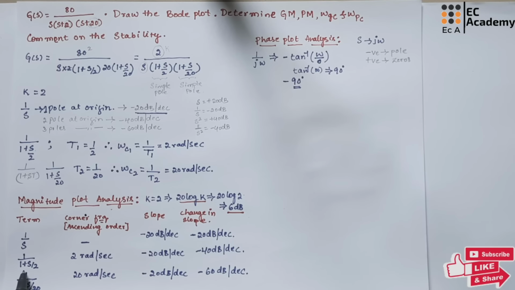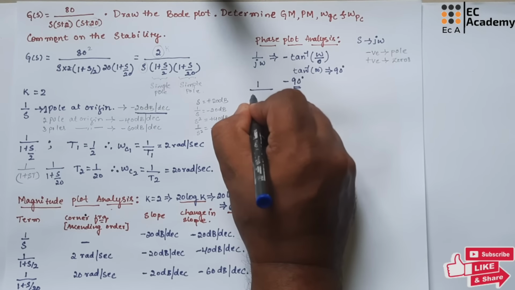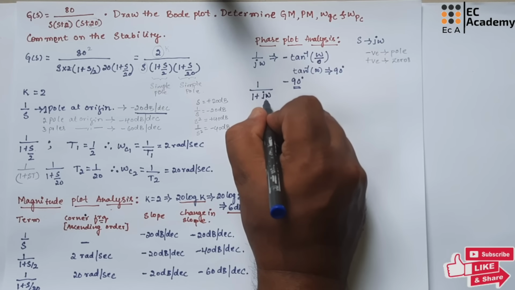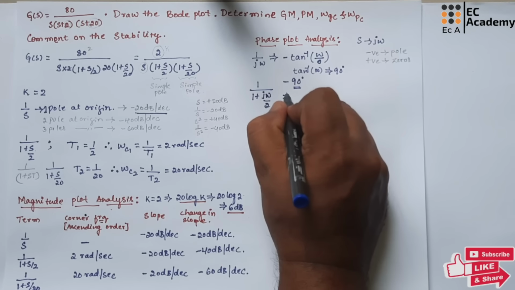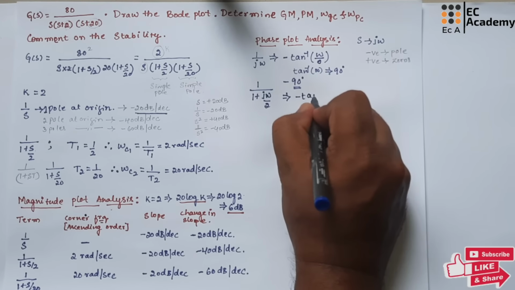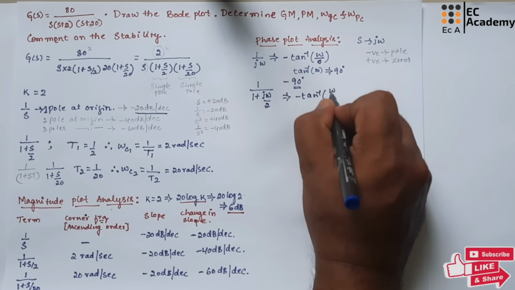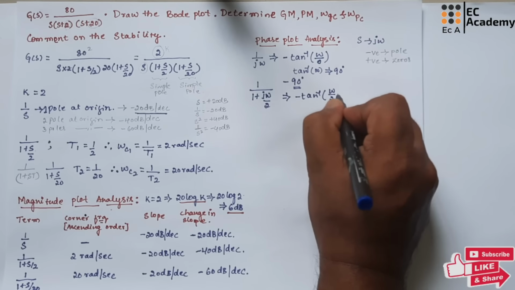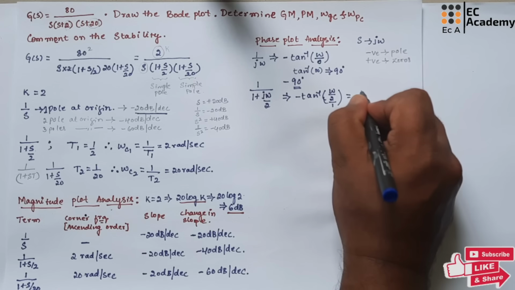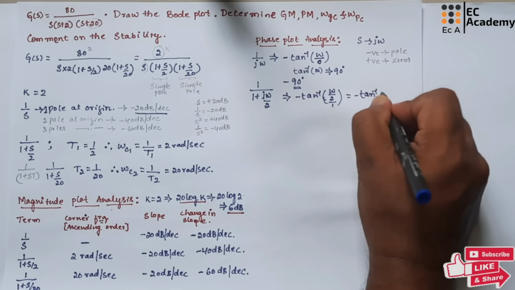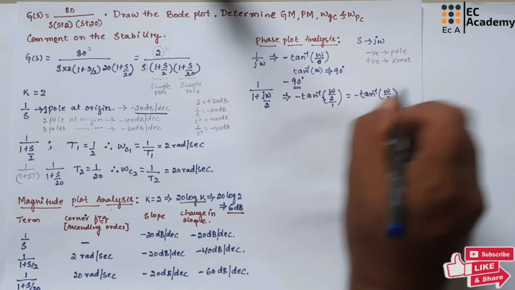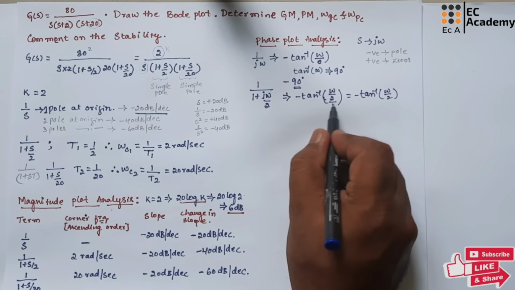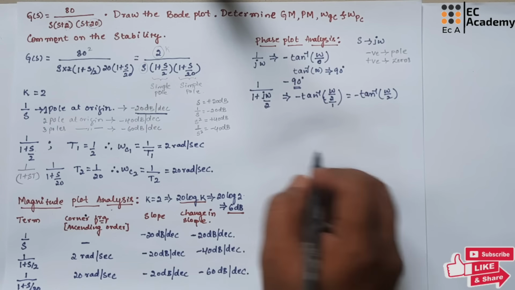So for the second term, we can write that as 1 divided by 1 plus j omega by 2. So from this we can write minus tan inverse of omega by 2 by 1. So this is nothing but minus tan inverse of omega by 2. So omega by 2, which is the imaginary term, divided by 1, which is the real term.